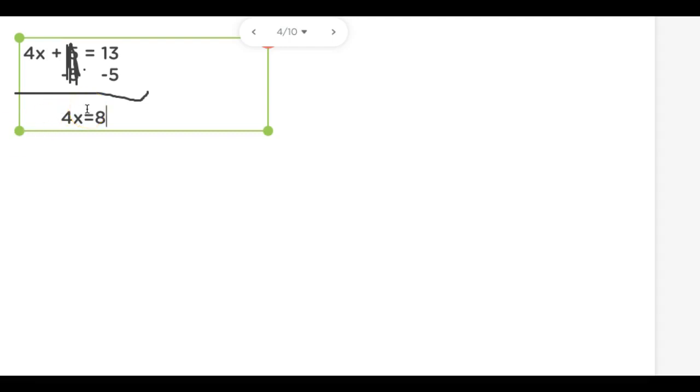Now at this point, the structure and the way that it's said is we're going to multiply by 1/4. Multiplying both sides by 1/4.